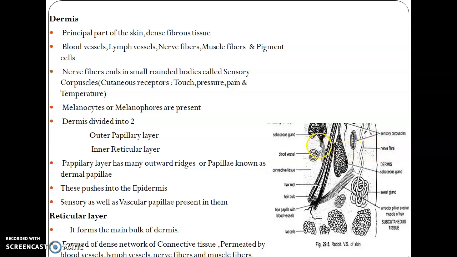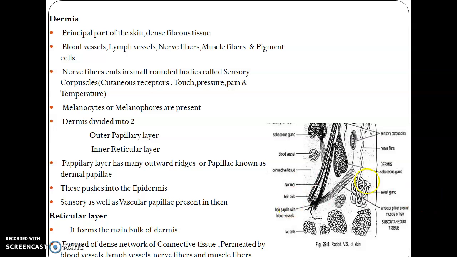This papillary layer is associated with many sensory cells called dermal papillae, and these push into the epidermis. It consists of sensory as well as vascular papillae, seen in the outer papillary layer of the dermis.